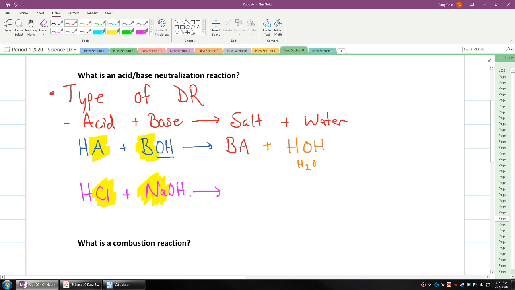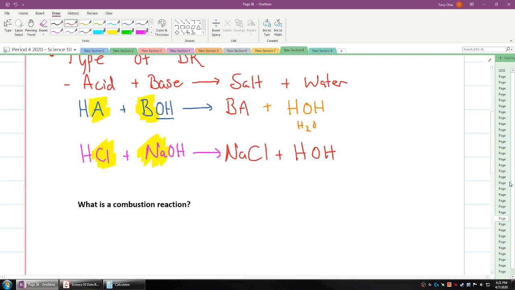So in this case, you're going to form Na, which has a charge of +1, and chlorine, which has a charge of -1. Because you only have one of each, it becomes NaCl. And the other thing is going to be hydrogen joining with OH, and thus you're going to form HOH, which is your water. So this is why acid-base neutralization is a type of double replacement.